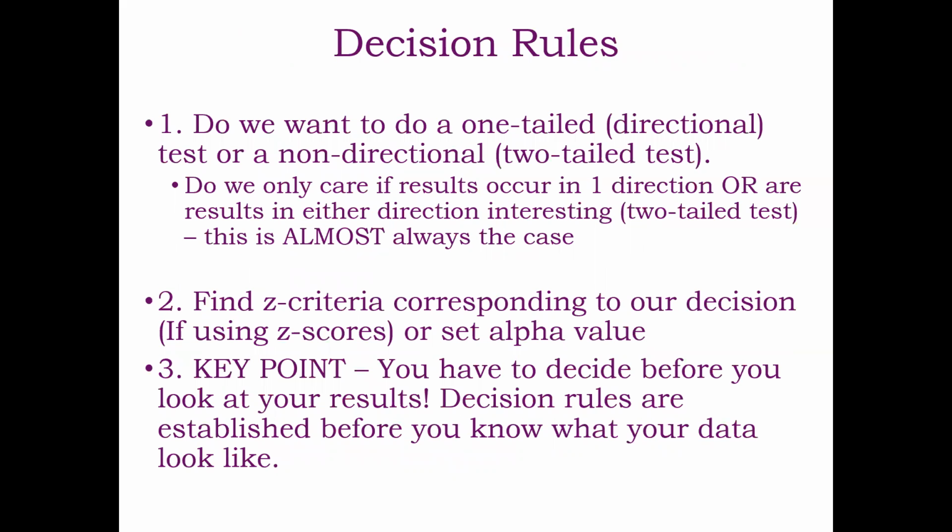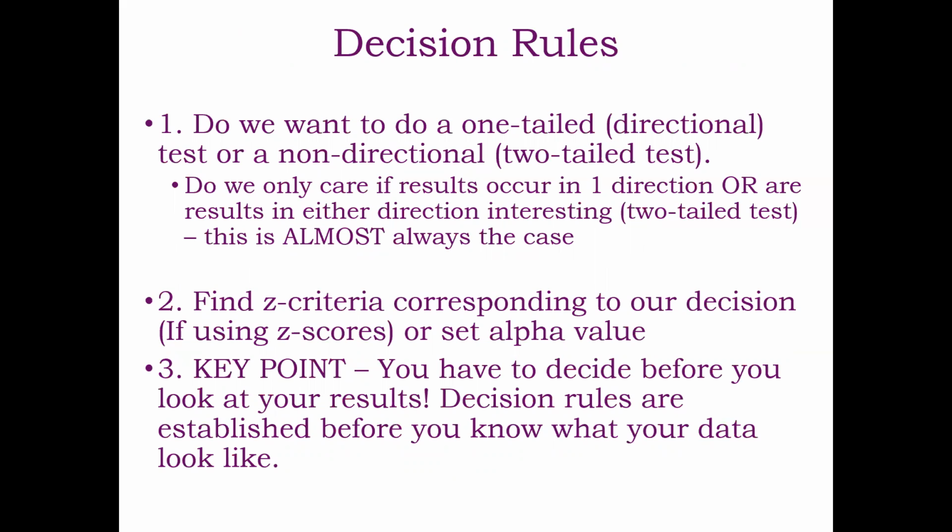So first, we need to decide if we want a one-tailed directional test or a non-directional, two-tailed test. Do we care if the results occur in one direction, or is either direction interesting? Now, the best study designs are those in which either result is interesting. The truly best are the ones that are interesting even if you don't get a result. So this is usually the case.